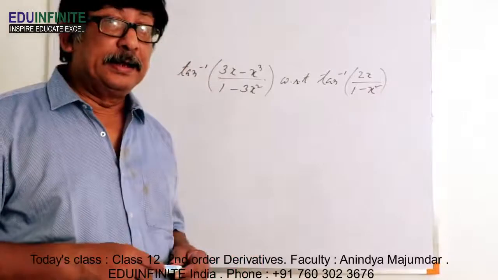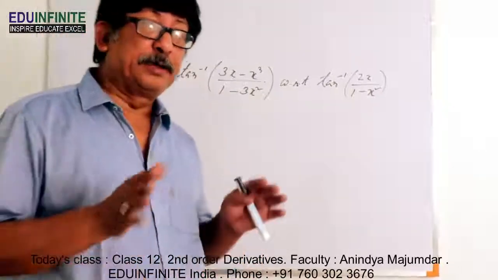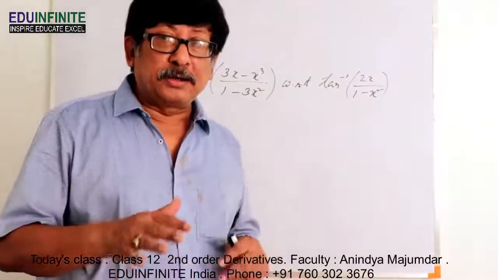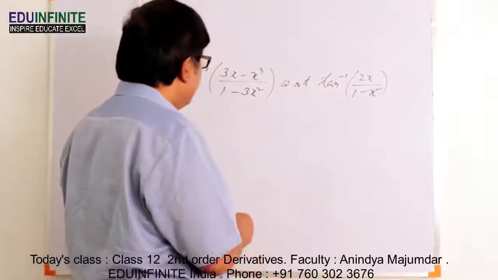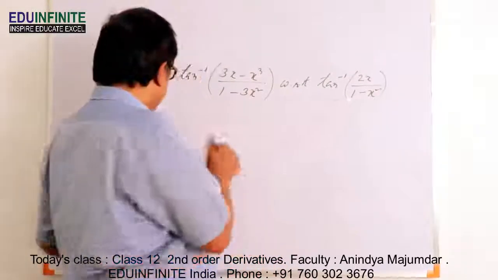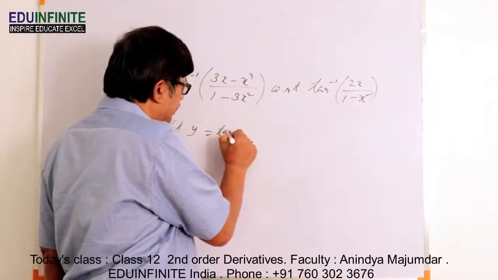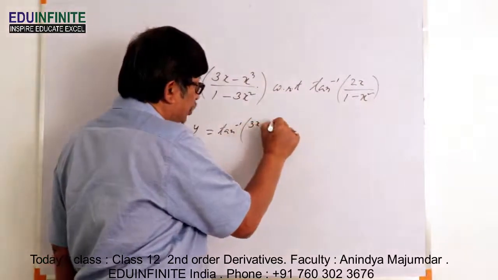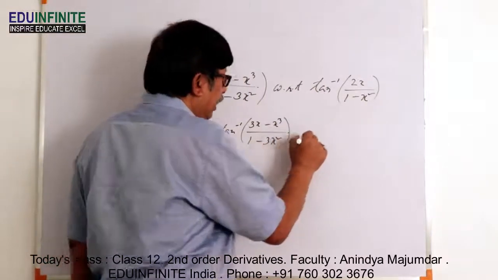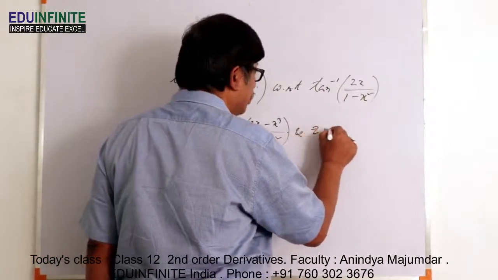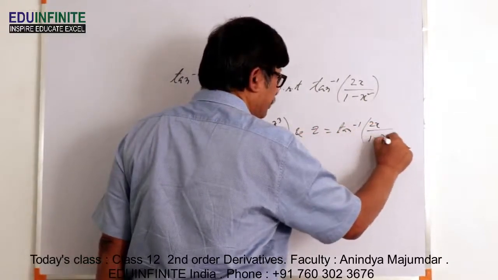And second thing, how do I express this? If we express that only, what type of function do you feel? So obviously I will be taking, let this be y and let this be z. Let y be equal to tan inverse 3x minus x cubed by 1 minus 3x square, and z is equal to tan inverse 2x by 1 minus x square.